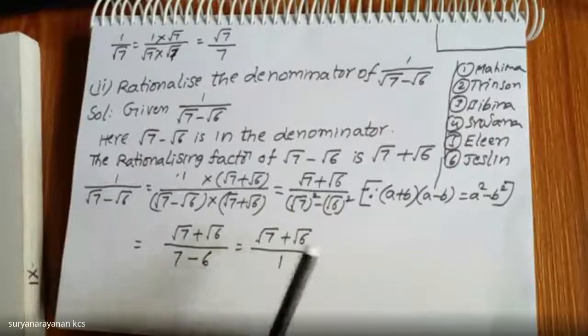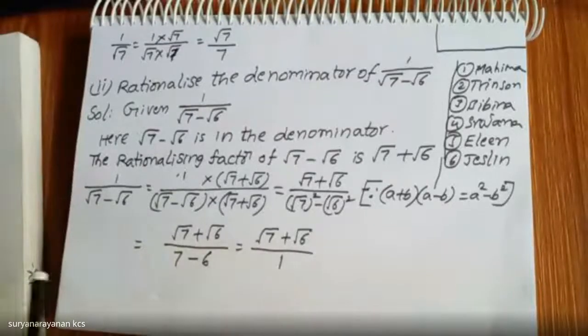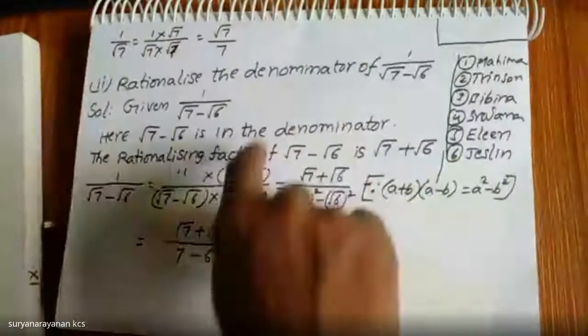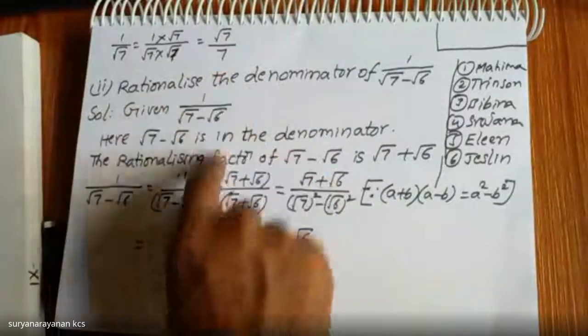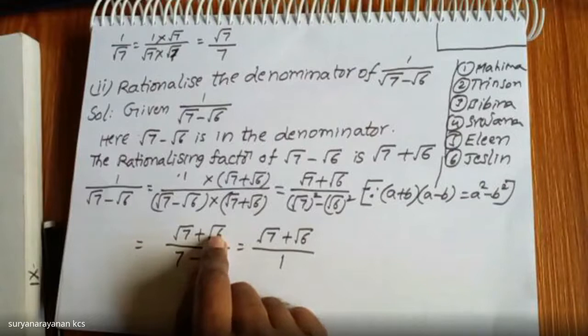Follow the same procedure as we followed for the first 2 questions in this Roman number 5.